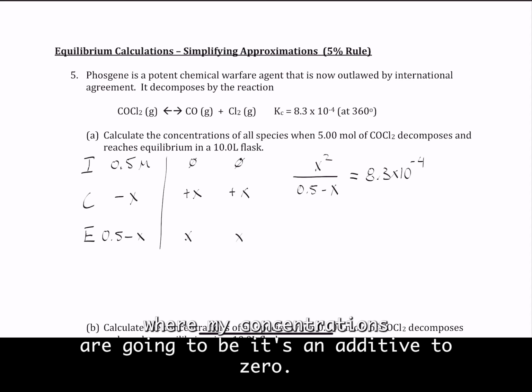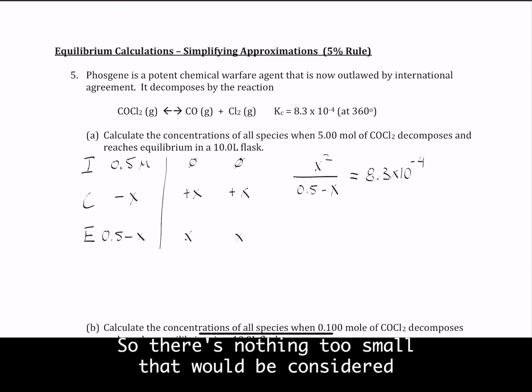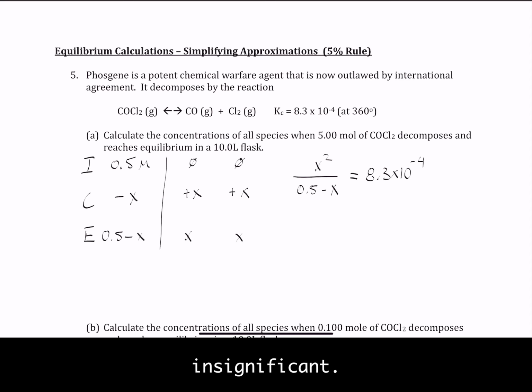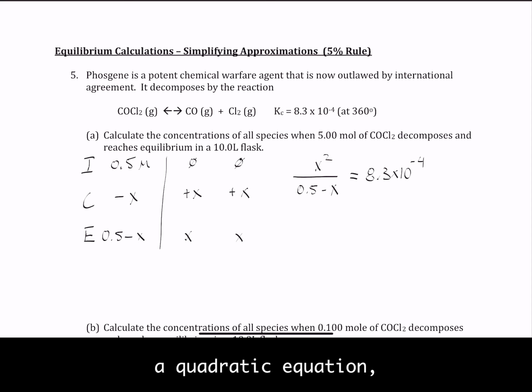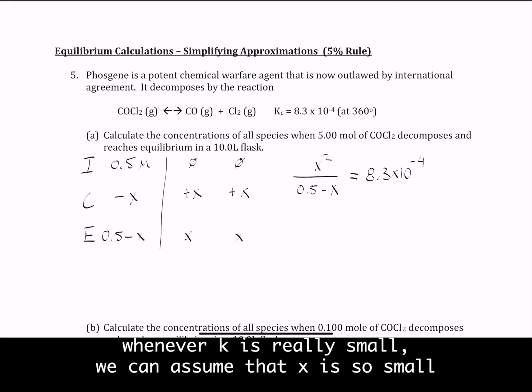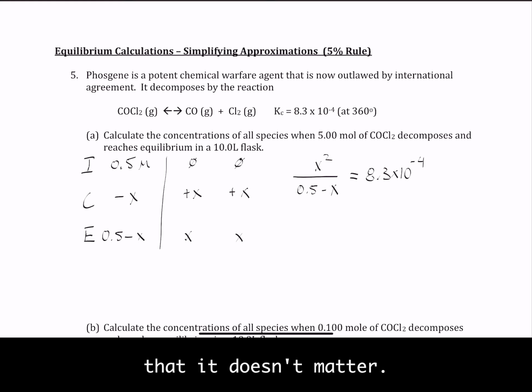Over here, where my concentrations are going to be x, I'm adding it to 0, so there's nothing too small that would be considered insignificant. So in this equation, instead of having x down here and ending up with a quadratic equation, whenever K is really small, we can assume that x is so small that it doesn't matter. So it basically goes to 0.